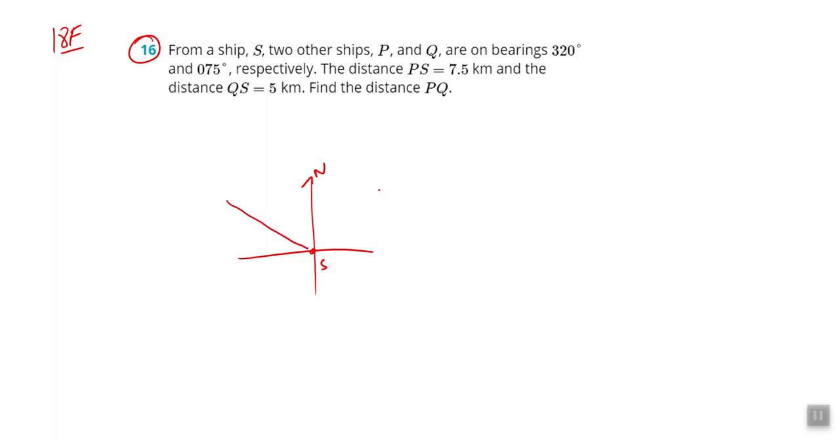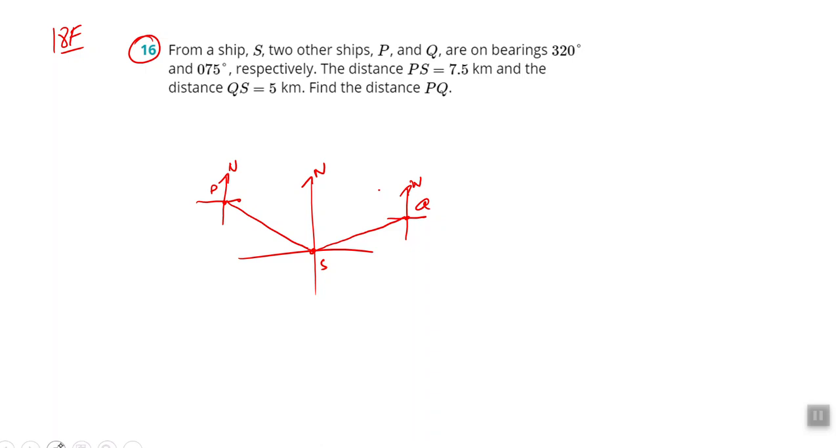This is ship P, and the other one is 75 degrees, roughly here, from north, and that is the other ship, which is Q.